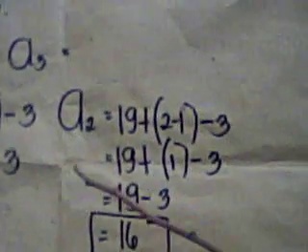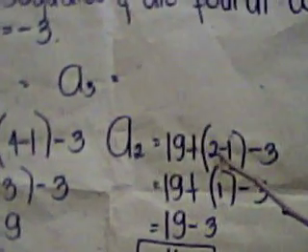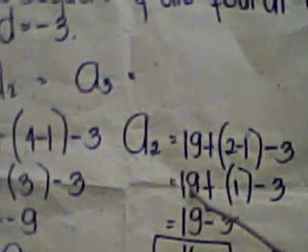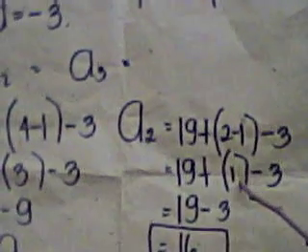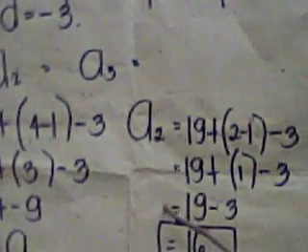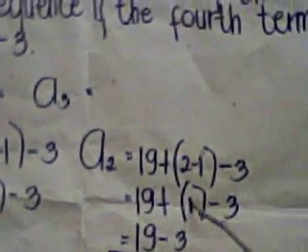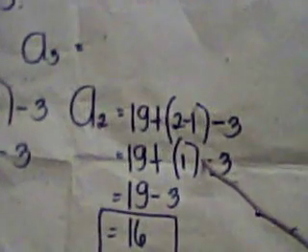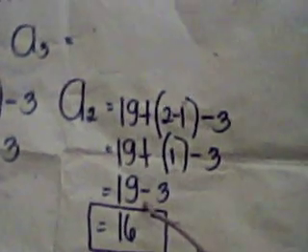Next is the solution for the second term. A sub 2 is equal to our first term, 19, plus open and close parentheses 2 minus 1 times negative 3, where negative 3 is the d. Bring down the 19, and 2 minus 1 is 1, and bring down the negative 3 again. 1 times 3 is negative 3, and positive plus negative equals negative.